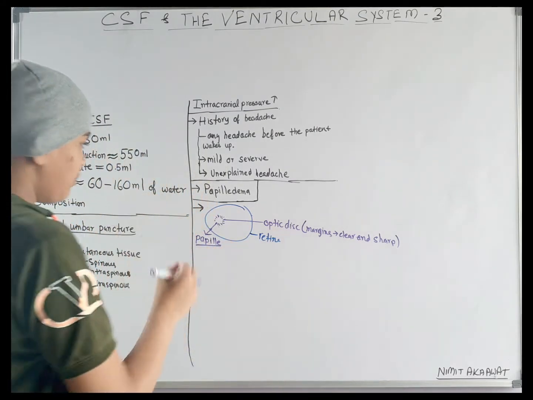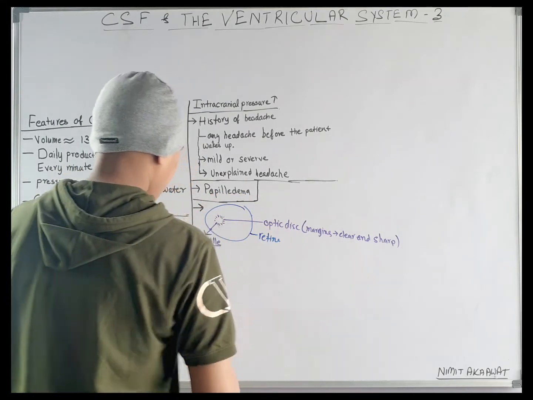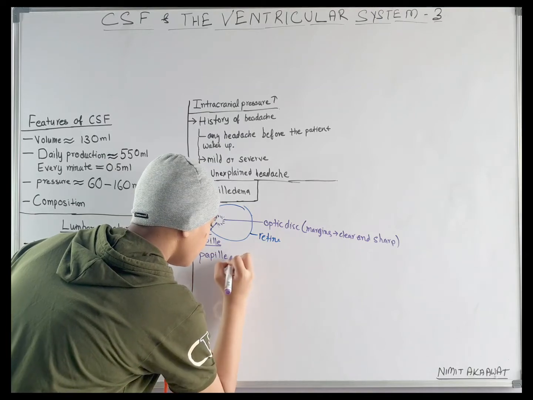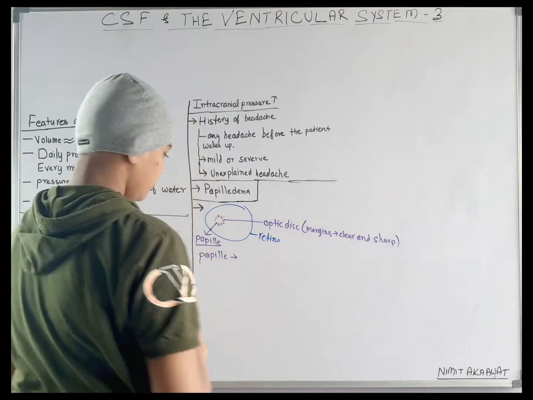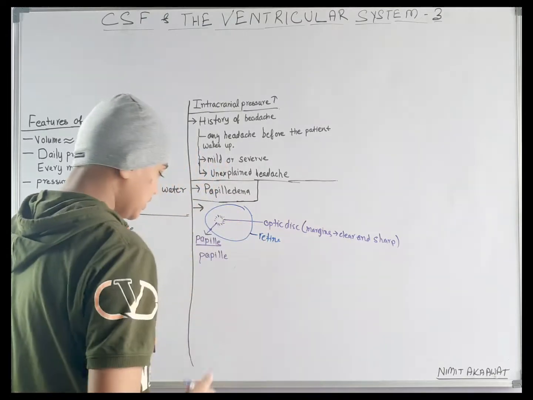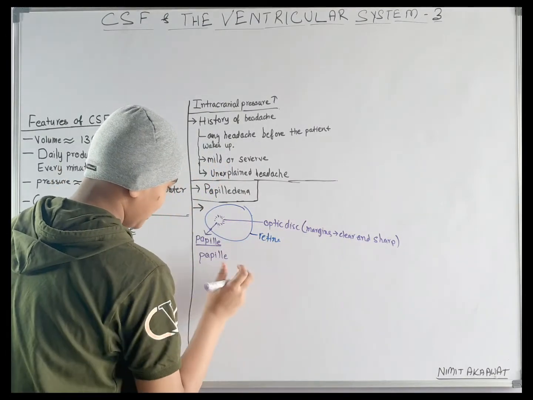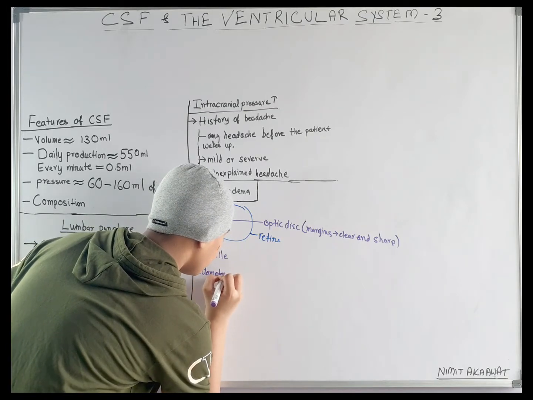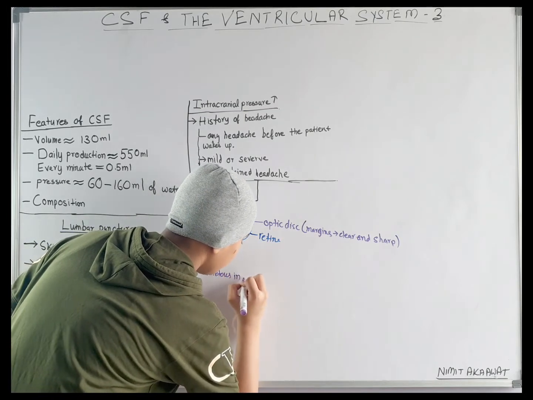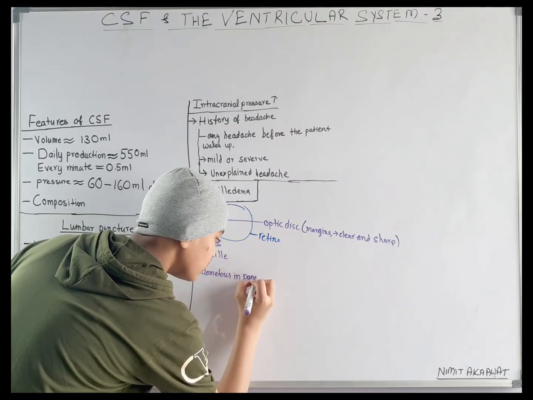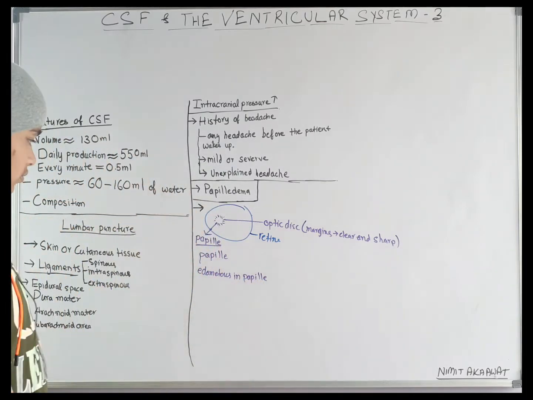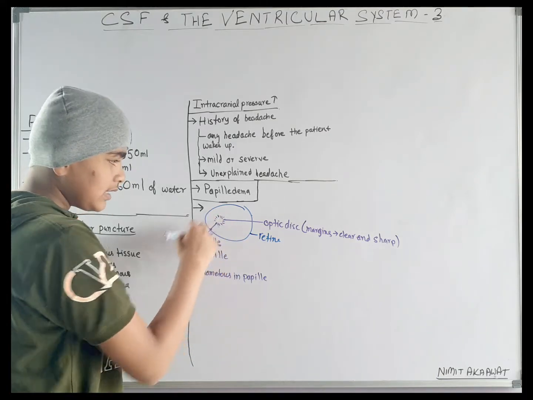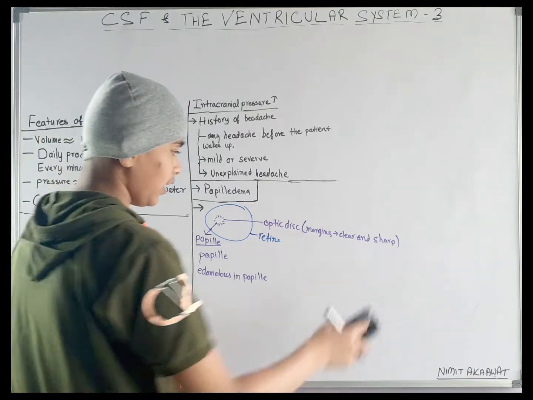And in a patient who has papilledema, the papilla is blurred, and this is called edematous papilla. So this is called papilla, and here in this diagram, this is the edematous papilla.